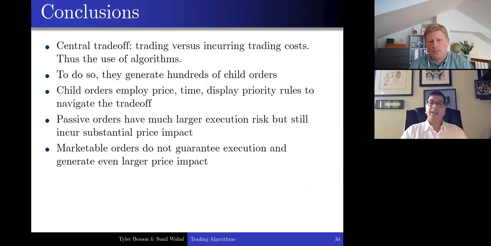We can't provide evidence one way or the other because it's tough to make that case. I can understand looking at pre-submission and post-submission, pre-fill and post-fill price movements to infer something like that, but we really don't see strong evidence for that. So your question was, is that because the median order size is small?